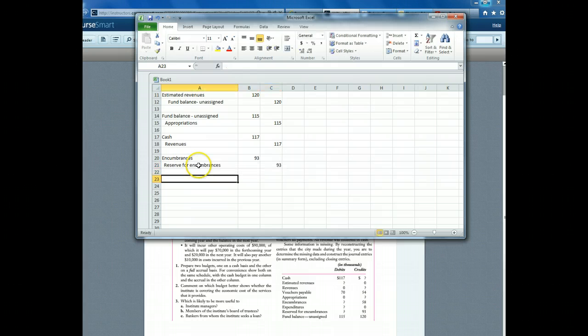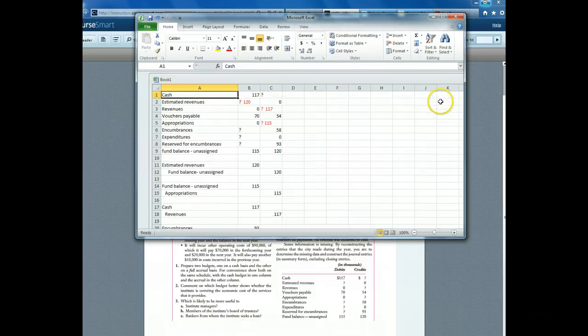Won't it? Based on up here, reserved for encumbrances is 93. We know this encumbrance number is going to be 93.